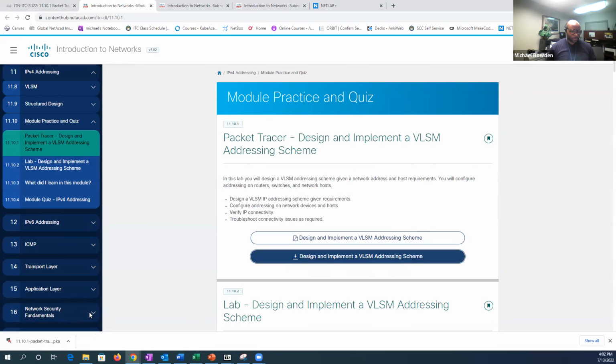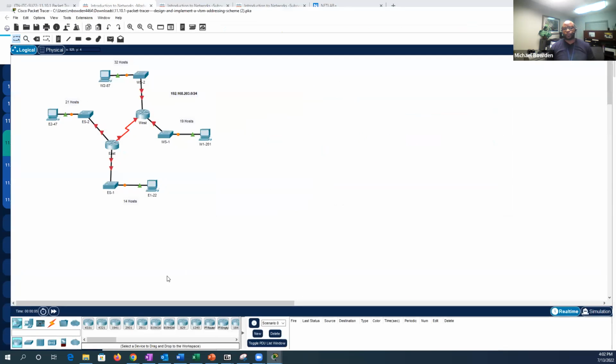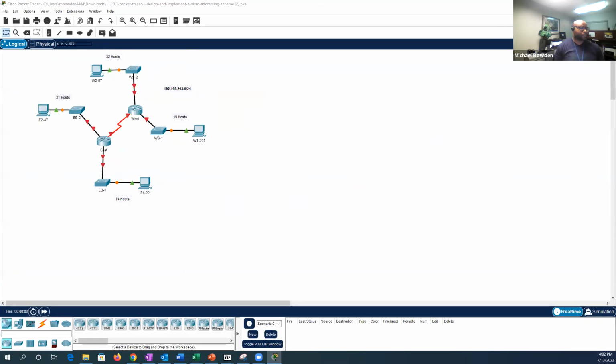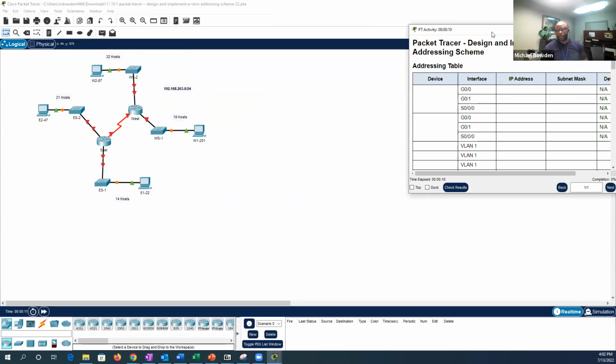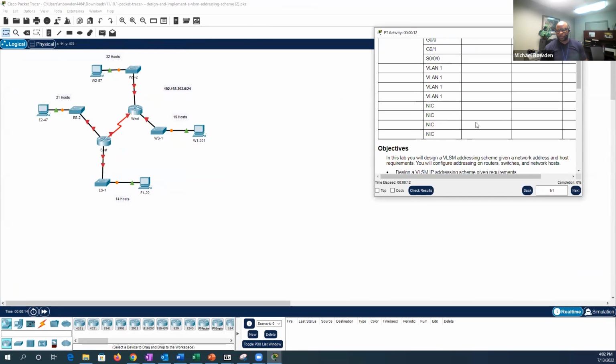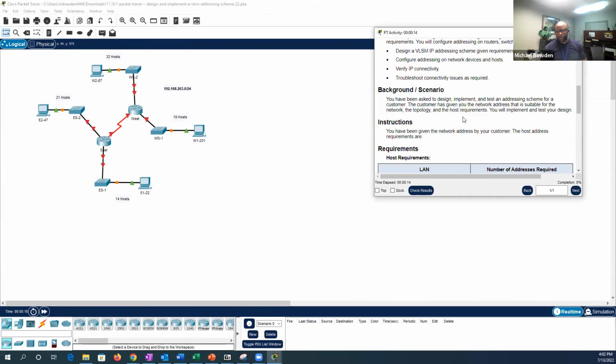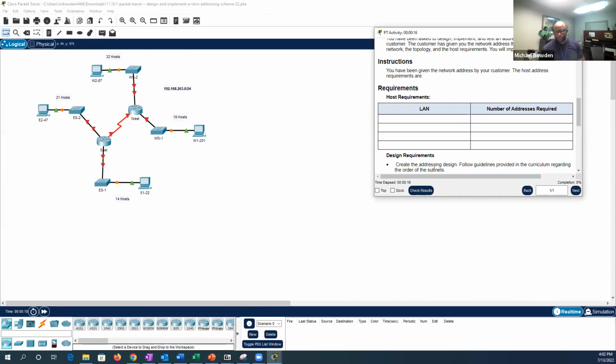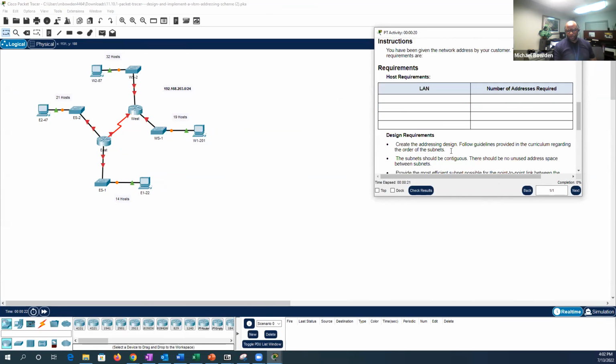I'm going to open it up real quick here. So this is the 11.10.1, and it has you fill out the sheet for your addressing scheme and the amount of hosts required for each network.